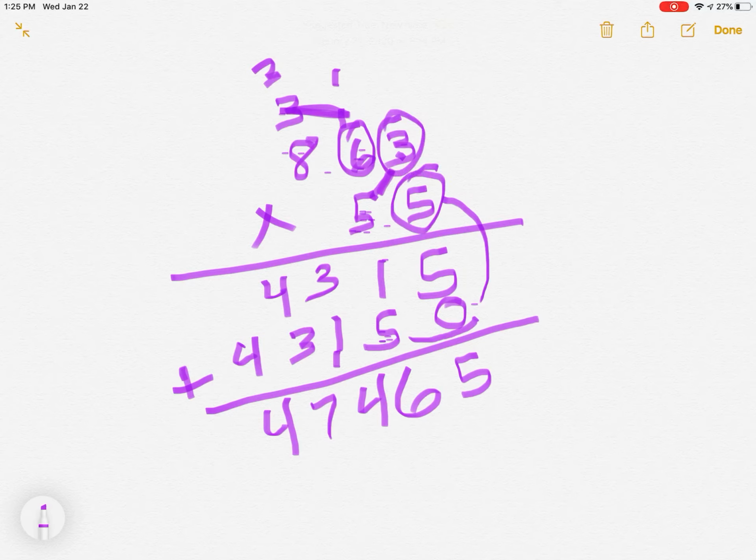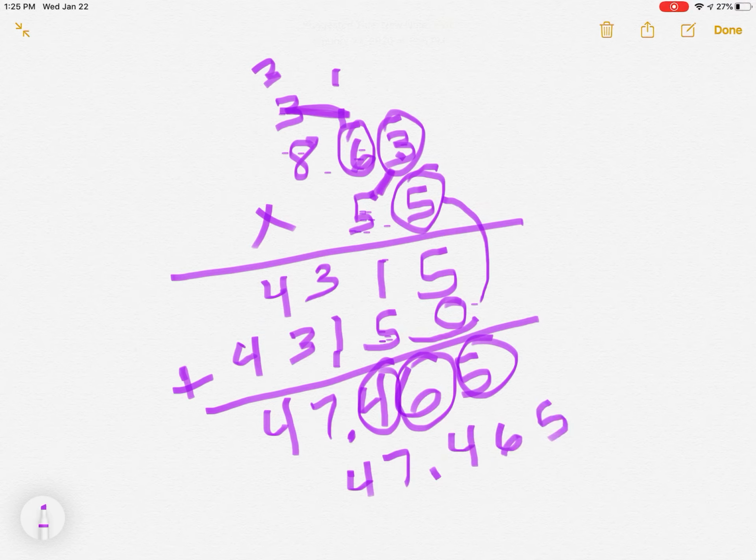I've got 1 place past the decimal point in the second number. So I need 3 places in my answer. So I'm going to go 1, 2, 3. I'm going to put my decimal point right there. So my answer is 47.465. Okay? So you just count up the places after you've done the multiplication, and that many places are going to be in your answer. So pretty easy. All right?